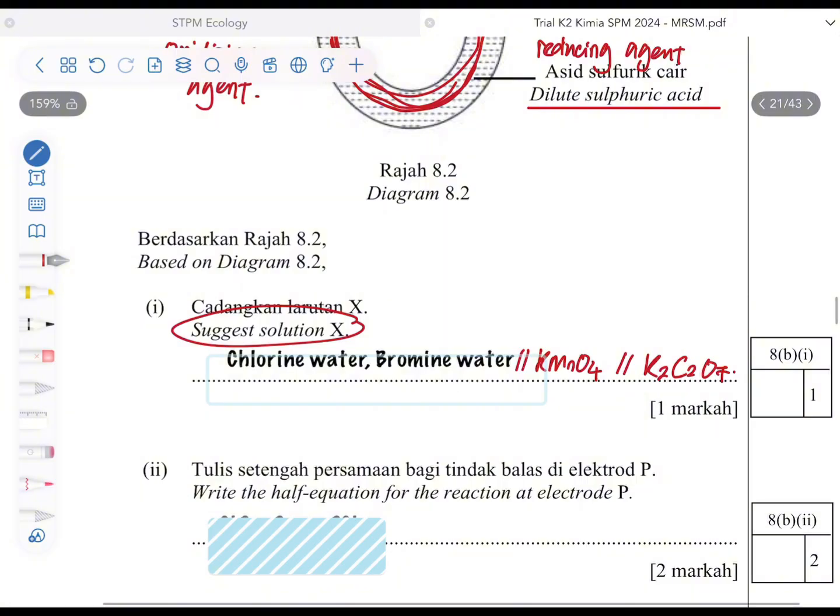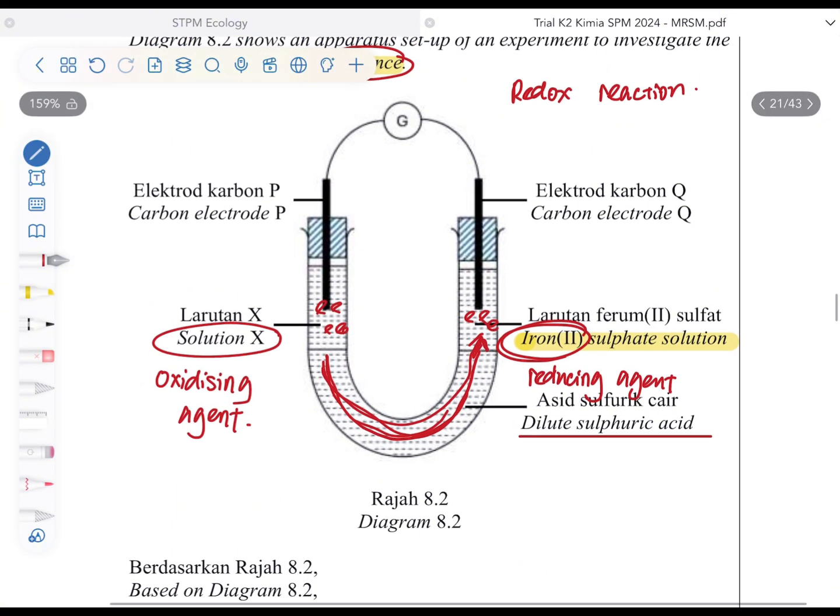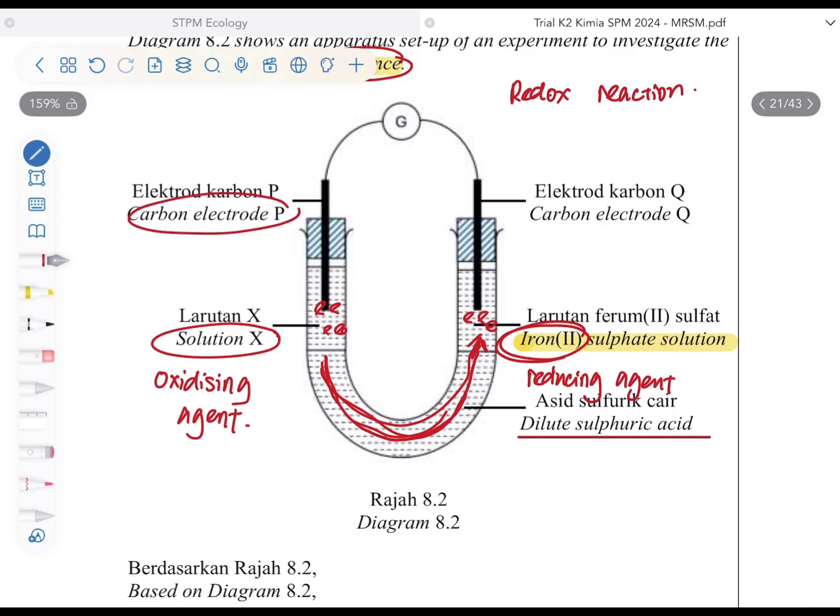Okay, write the half equation that happens at the electrode P. So this is the carbon electrode P, and this is the oxidizing agent. For sure, the oxidizing agent will oxidize this iron 2 sulfate, but it will get reduced.